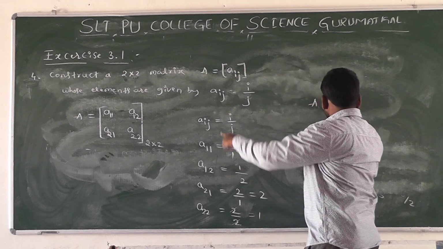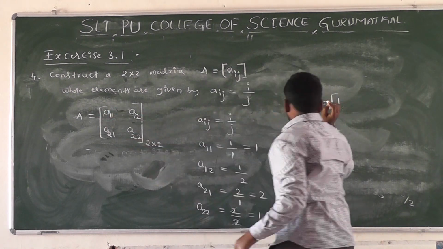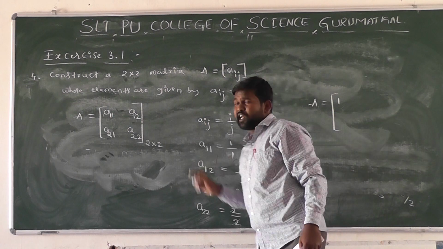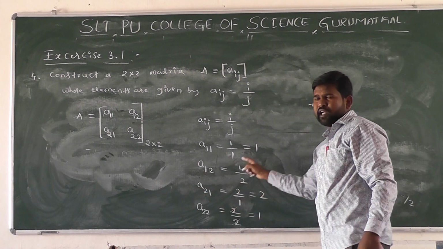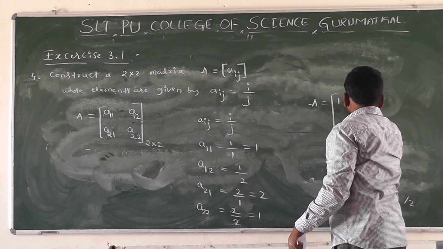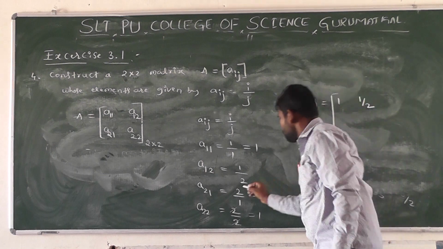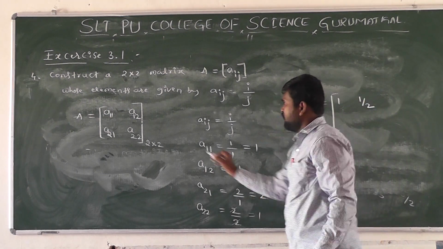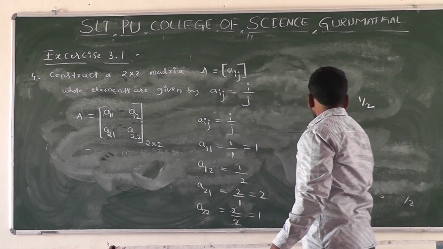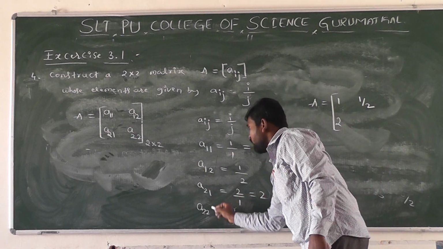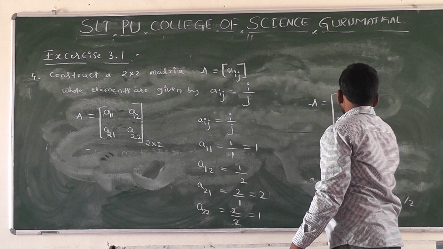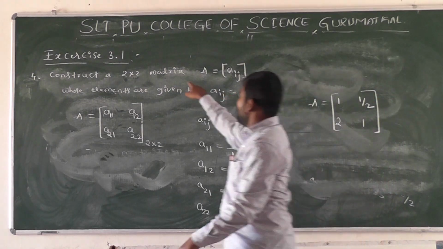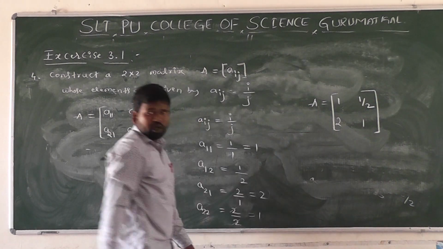We write 1. Next, the first row, second column element is 1 by 2. Next, the second row, first column element is 2, right? Next, the second row, second column element is 1. This is the construction of a matrix of order 2 cross 2.